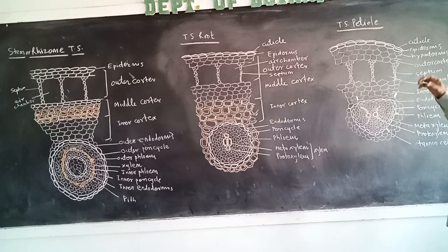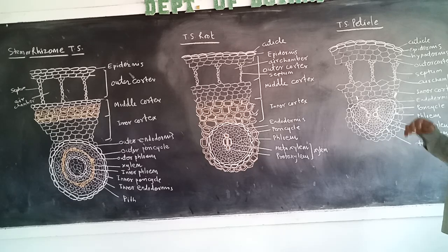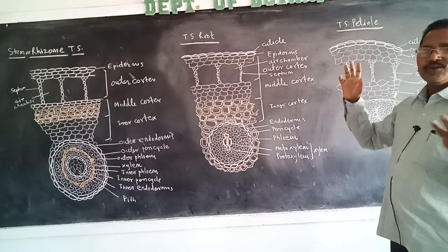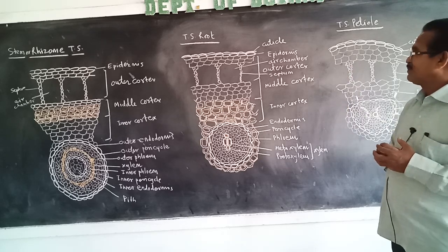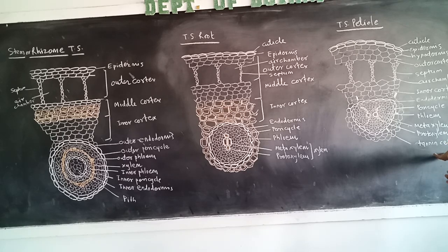In the outer cortex, air chambers are present because these plants are aquatic as well as amphibious. In aquatic plants, the air cavities are more numerous compared to terrestrial species. The inner cortex contains some cells with starch grains and some with tannin.